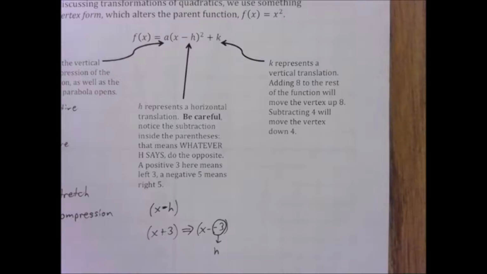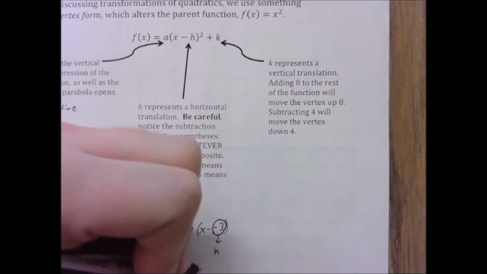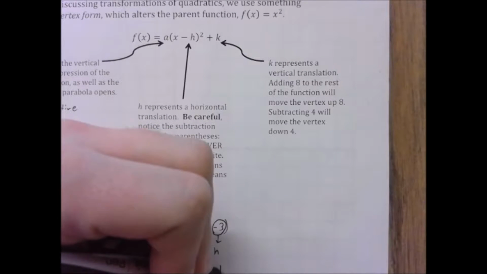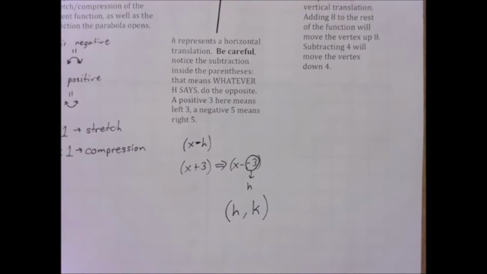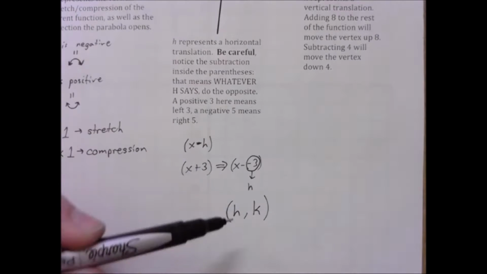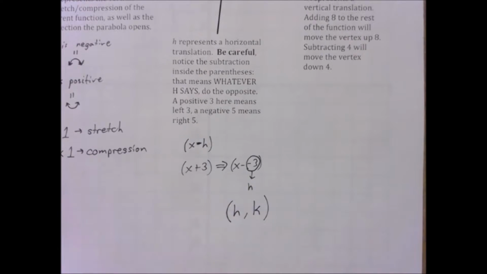It follows the number line on the y-axis. So the result of this is our vertex is at point (h, k). So if I have x minus 3, I would put a 3 in here. If I have x plus 3, I would rewrite it like this, and I'd get the negative 3 in there.